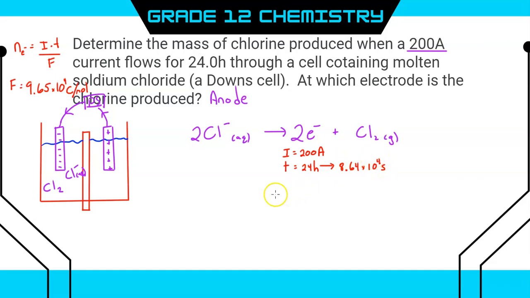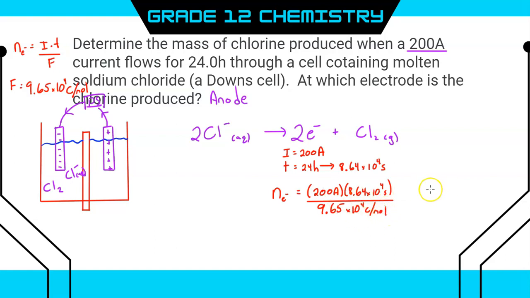So now we can figure out the number of moles of electrons using that equation. So we have the current, 200 amps, times our time, 8.64 times 10 to the 4 seconds, divided by Faraday's constant, which is 9.65 times 10 to the 4 coulombs per mole.